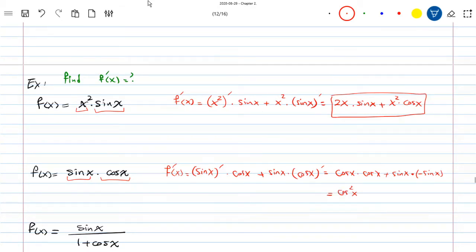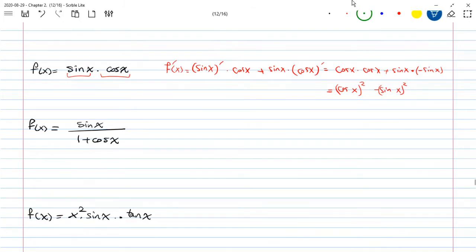It's the same meaning that you have cosine x times cosine x. Plus sine x times negative sine x is negative sine squared x. If you're typing your homework, I recommend you do this instead of writing it as cosine squared. So maybe I should stick with this format. Cosine x squared minus sine x squared. That would be the derivative.